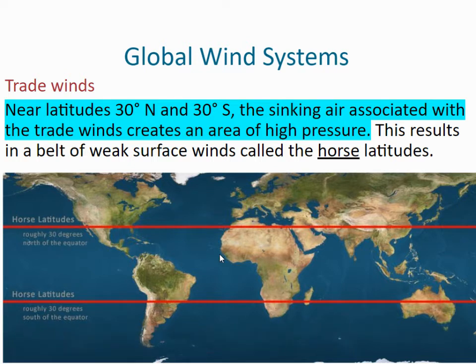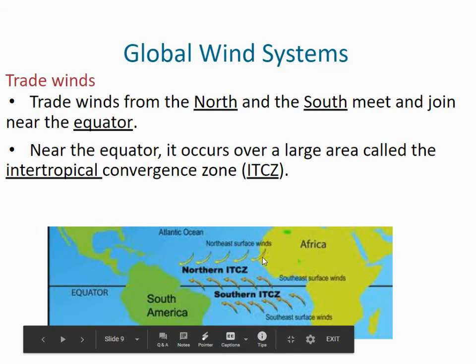So near 30 degrees north and 30 degrees south, we have sinking air associated with trade winds causing an area of high pressure. This results in a belt of weak surface winds called the horse latitudes. So meaning that you do not feel much wind at this area. So at these lines, there is much less wind.